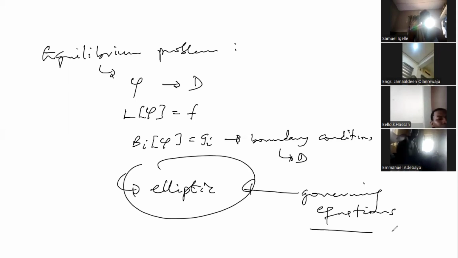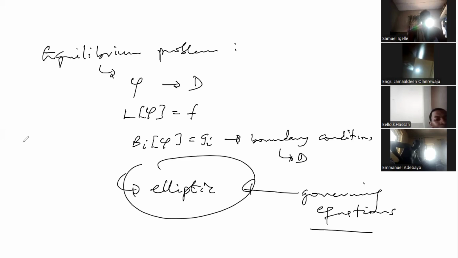And then we now have another class of problem, which is the eigenvalue problem. The eigenvalue problem could be thought of as an extension of the equilibrium problem, or better still, of the boundary value problem.